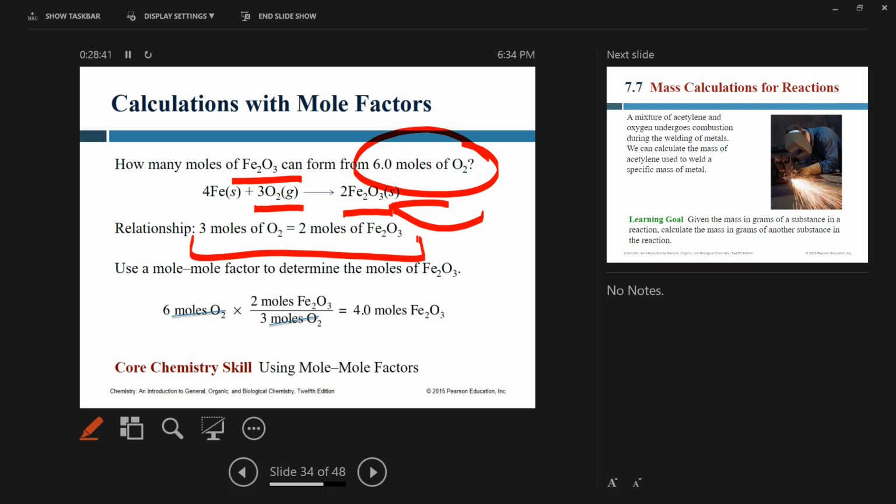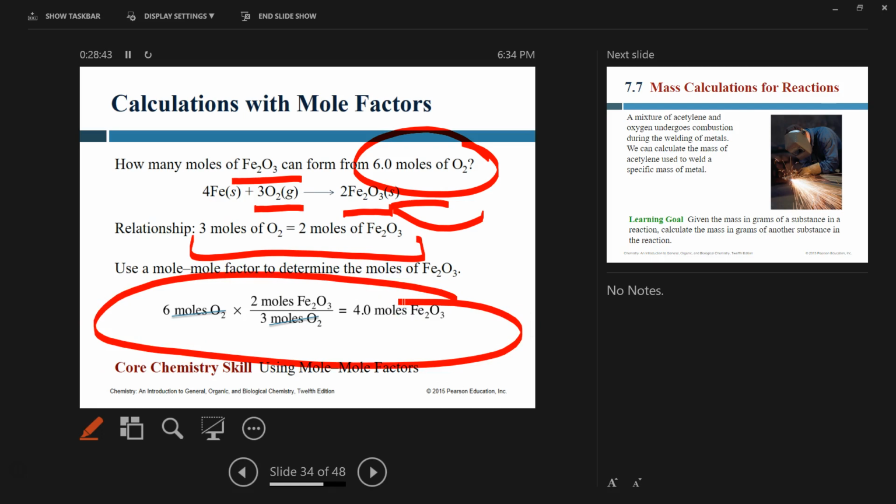Without even looking at these conversion factors, if we take 6 moles of oxygen, how many moles of iron oxide do we produce? 3? No. Okay. Say again? 4.